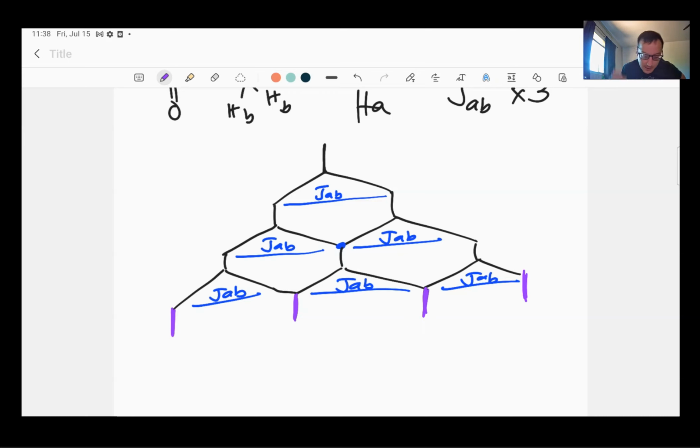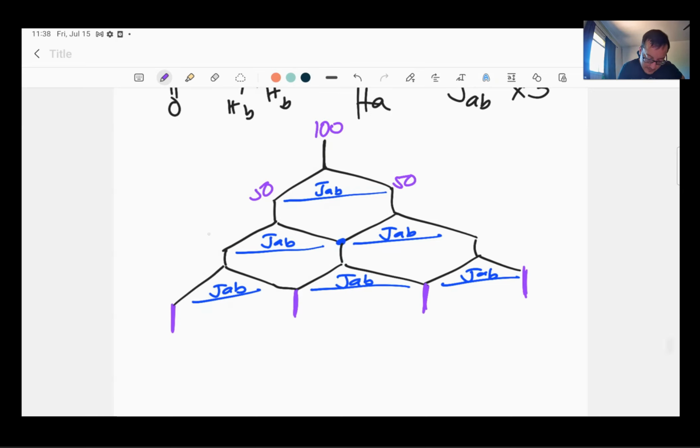And if we look here, we had 100 going in. The first time we split it, half goes to each side. And then each of those we split, putting now actually 50 on this middle one, because it gets 25 from each side. And then splitting them again, 12 and a half, 12 and a half. And then this side is 50 over 2, so that's 25. 50 over 2 is 25, 12 and a half, 12 and a half.